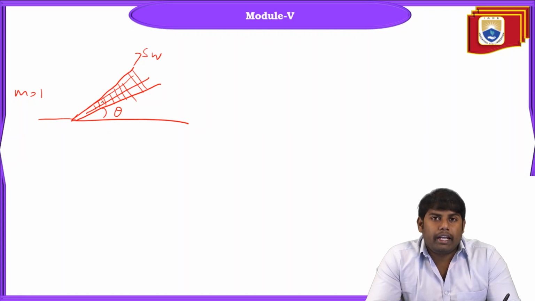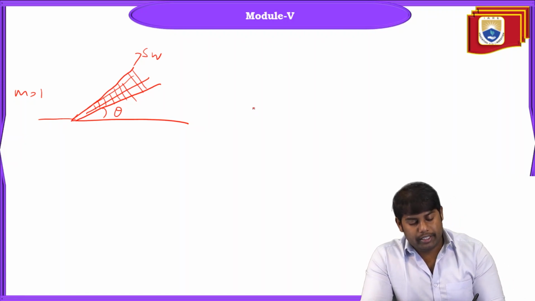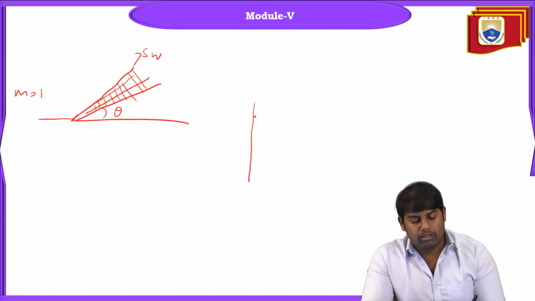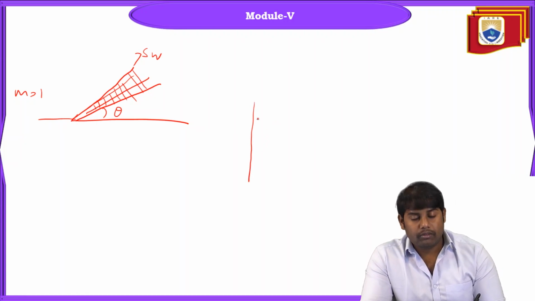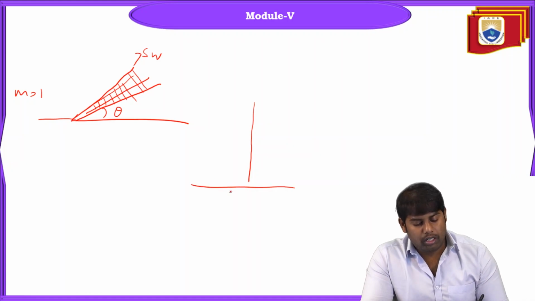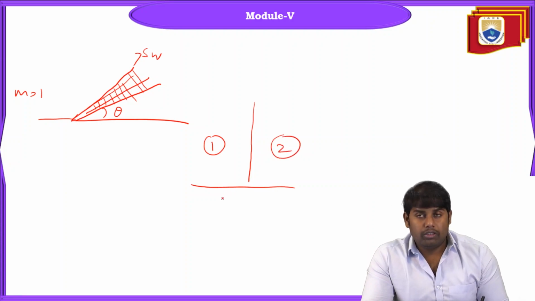In both techniques, basically what happens for FVM and FDM, that we need to see. If you see a shock, there are two types of shock. One is called normal shock. This is station 1 and this is station 2. Okay, so this is called normal shock.